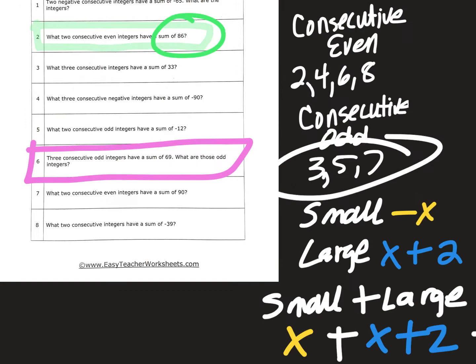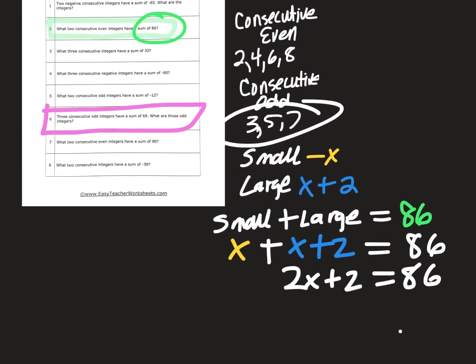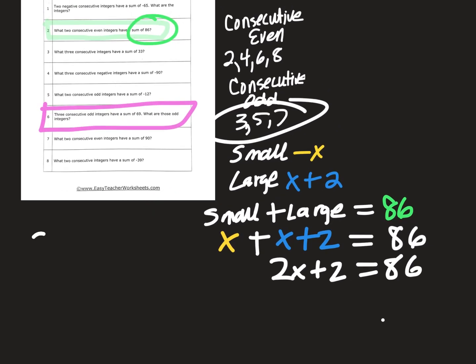Number 6 says 3 consecutive odd, right? So it's still the same idea. You do a small plus a medium plus a large. I'm going to make that smaller, actually. So small plus your medium plus your large. And this time it's going to be equal to 69, is what it says. So consecutive odd, they're still going up by 2.